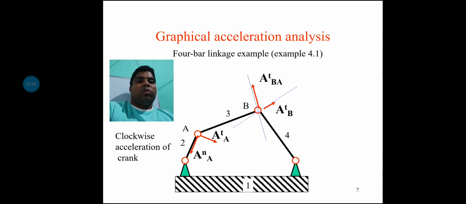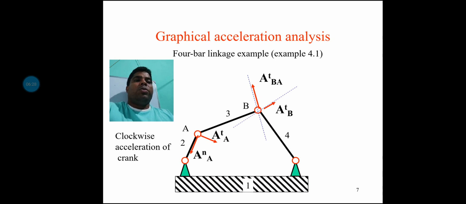The two points are fixed on link 1, and link 2, link 3 and link 4 are attached. At point A, the normal acceleration with respect to A is the clockwise acceleration of the crank, and after t seconds the tangential acceleration is AAT.